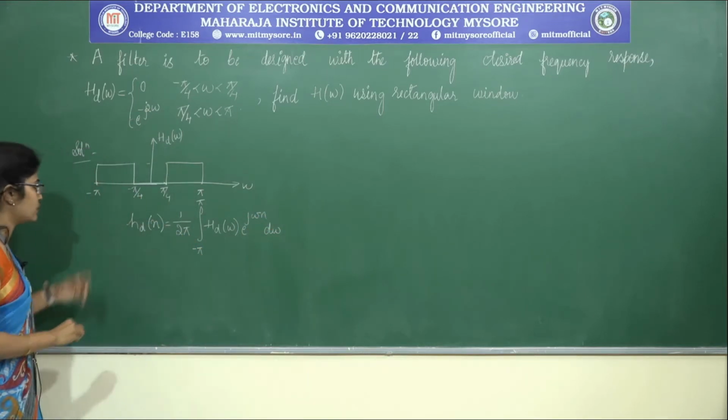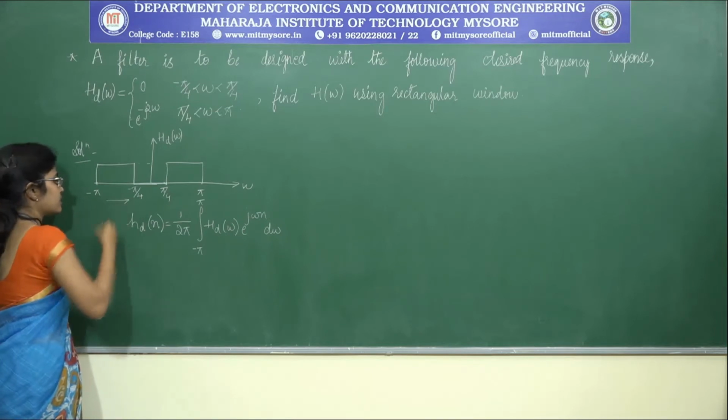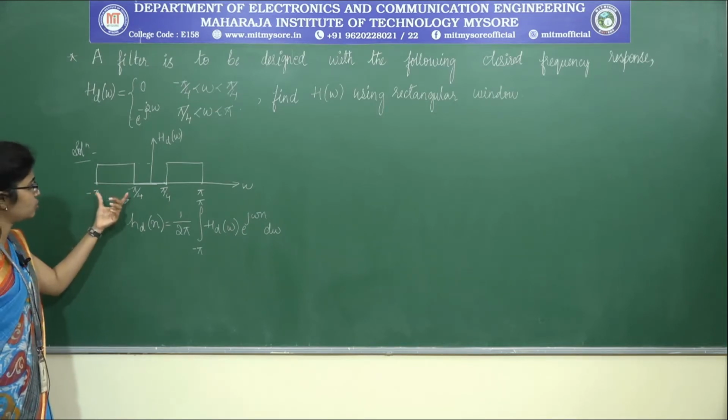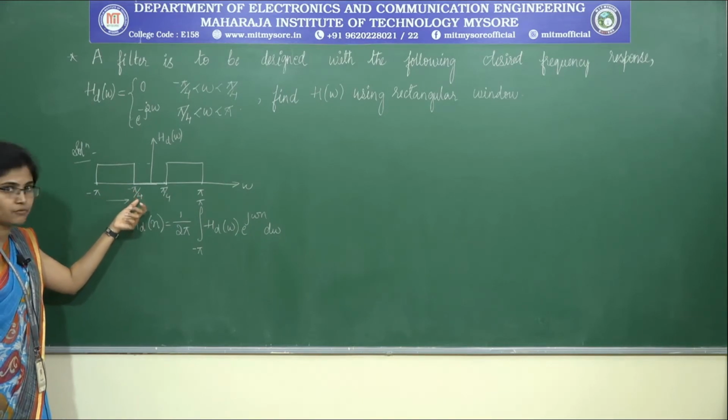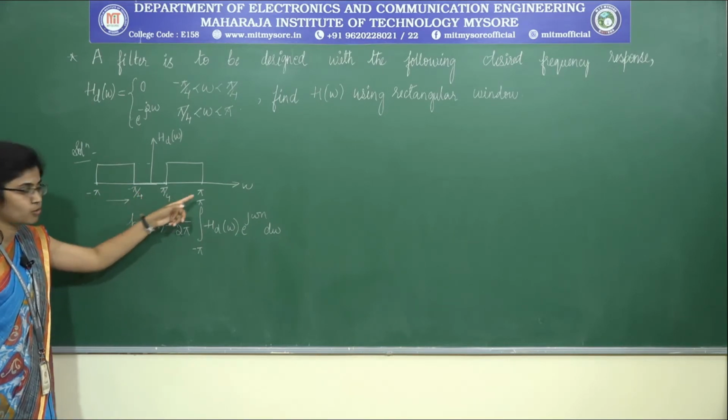Now looking at this figure, we always write the limits from left hand side to right hand side. We get two integrals, one from minus pi to minus pi by 4, the other from plus pi by 4 to pi.